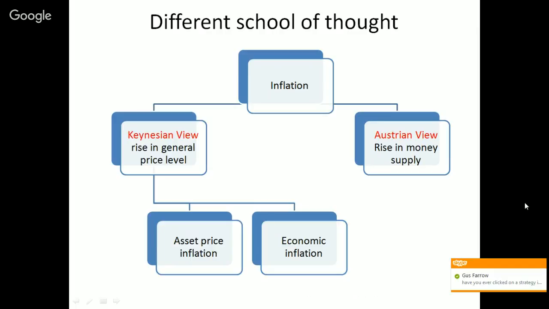On the other hand, the Austrian view is more in favor of commodity backed currencies, and the structure of Austrian economics is such that if it's implemented, government size would get restricted. That is the reason if you search on the internet, you would not find an Austrian economics course like a master's or a PhD in Austrian economics.